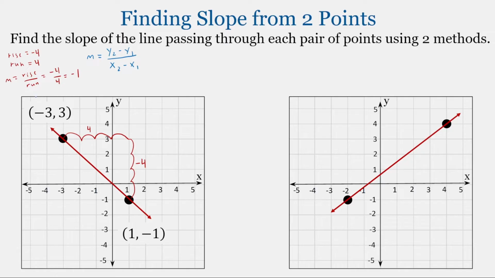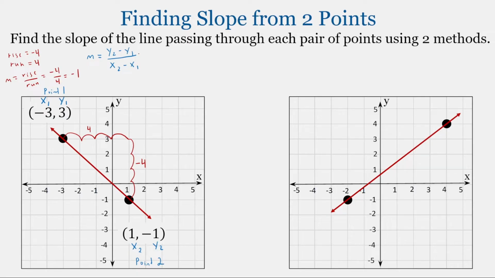When I'm looking at a graph, I typically take the leftmost point and label that as point 1. So this is x sub 1, and this is y sub 1. So this we are calling point 1. And so the other point will be point 2. So we have x sub 2 and y sub 2. This is our second point, point 2.